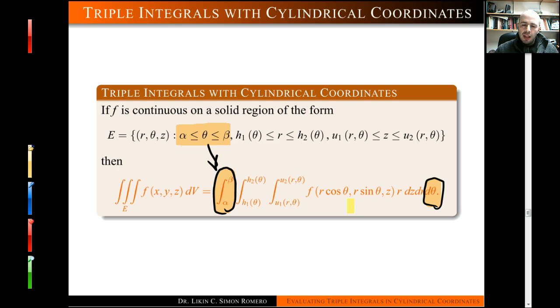So the thing that I have to stress here is that you start putting the functions with more variables inside, and then you work your way backwards until you have the variable that moves between numbers at the end.